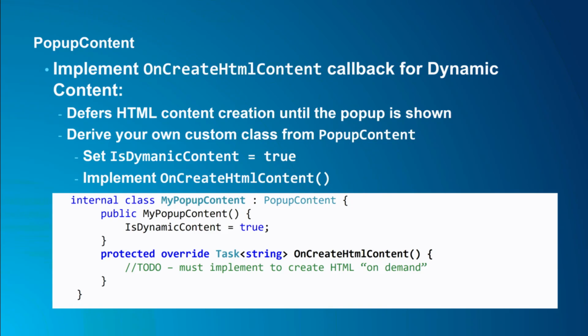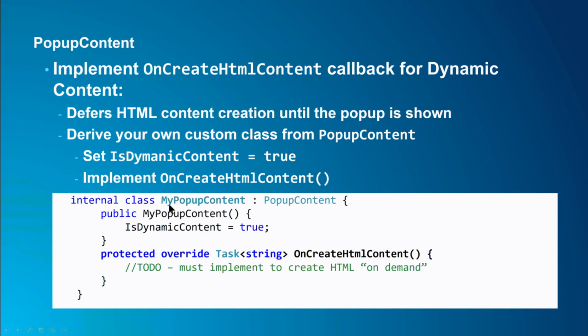But there's an opportunity here to defer the HTML content creation until the pop-up is actually shown. So in this case, you derive your own custom class from pop-up content. You set IsDynamicContent to true, and then you have to implement the OnCreateHtmlContent method.